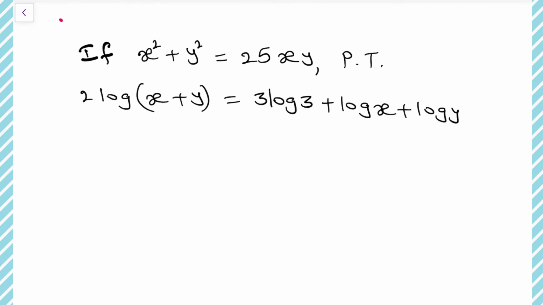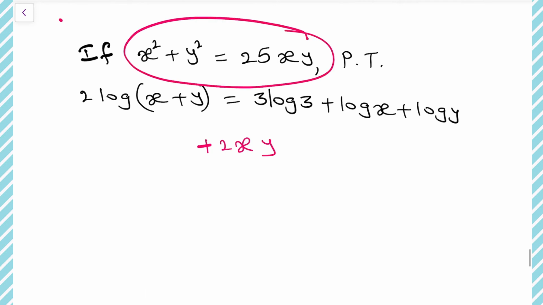If all the terms are positive terms only, then add 2xy for this equation. In case in the question at least one negative symbol is there, then subtract 2xy. So now for us all question terms are positive only, so we need to add 2xy.